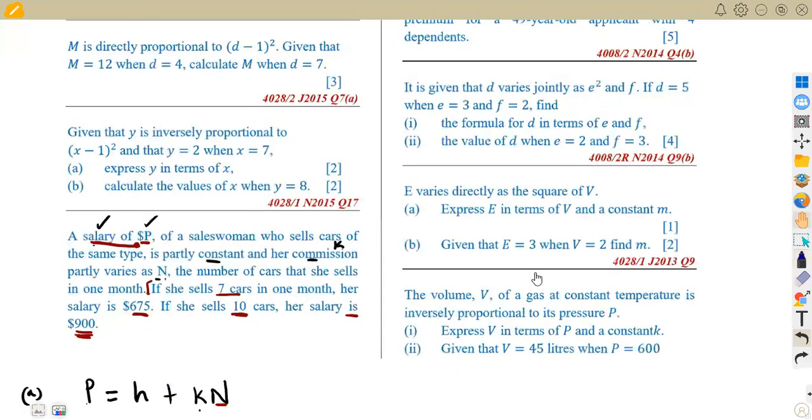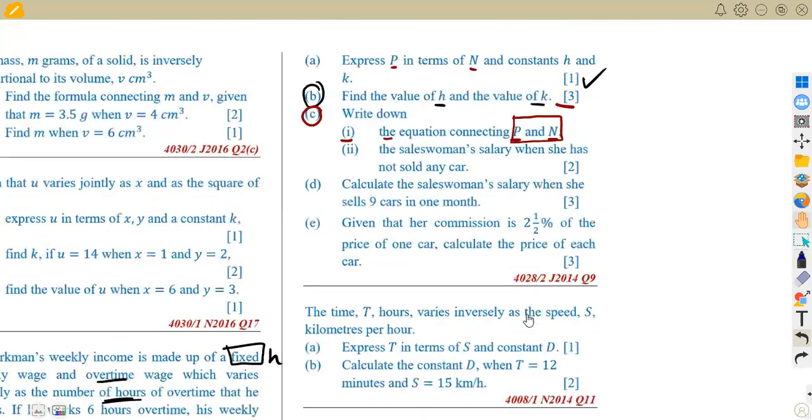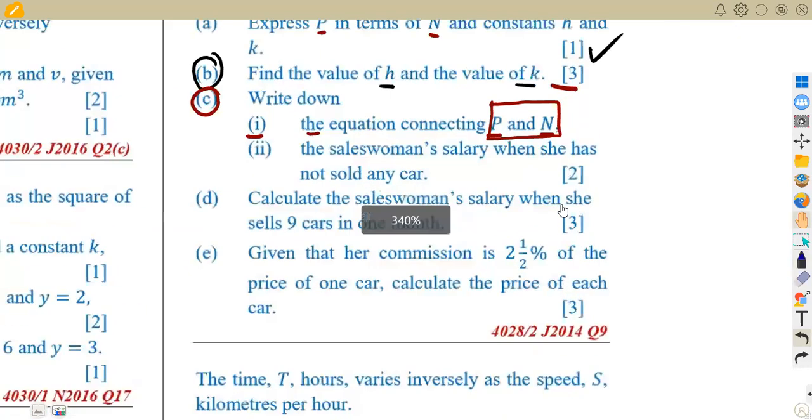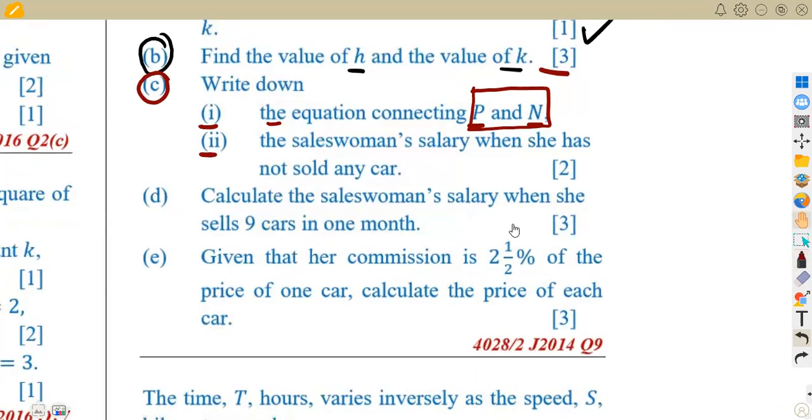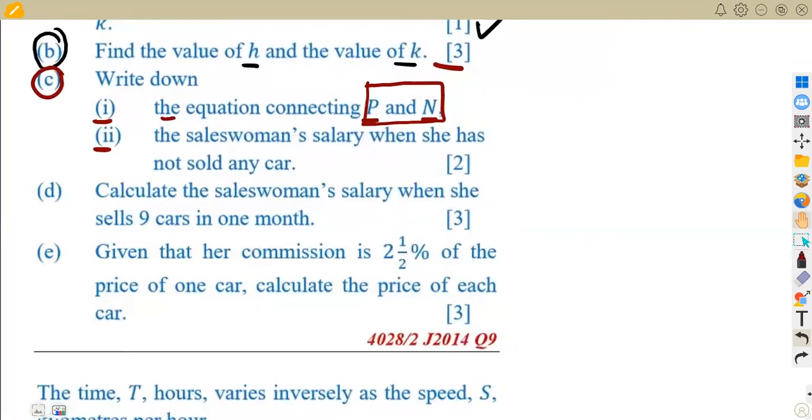All right, then the other part now, they need us to calculate the saleswoman's salary this time. That is item 2. So take note what represents the salary. It's P. We talked about this. Salary is P. So when she has not sold any car, meaning we do not have any car that is sold, and the number of cars is represented by N, they are simply saying N is equal to 0.